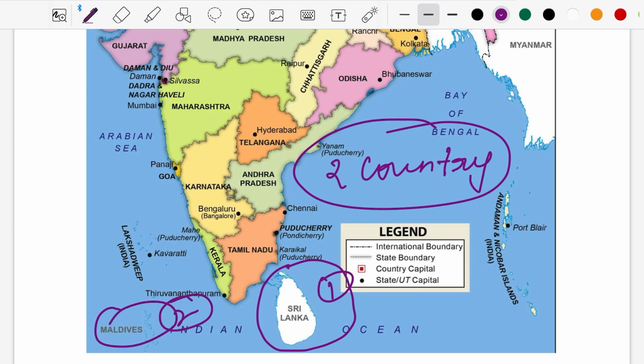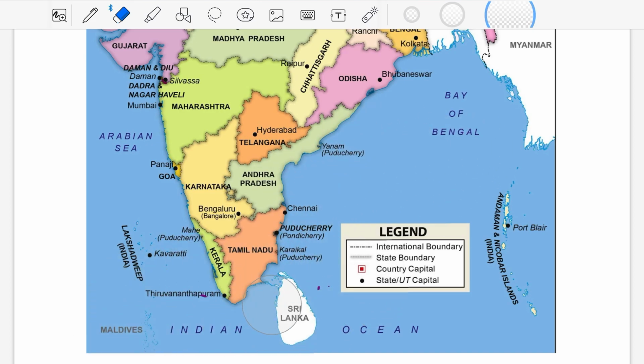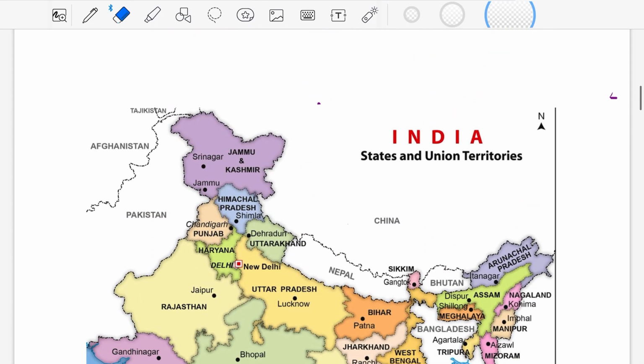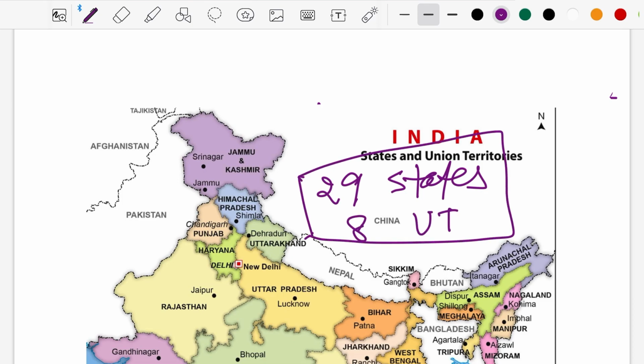Next we'll try to understand the states and union territories. So there are a total of 29 states nowadays, and 8 union territories. What are the 29 states and 8 union territories?